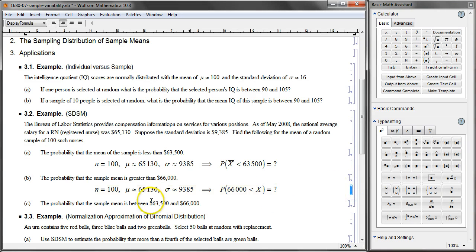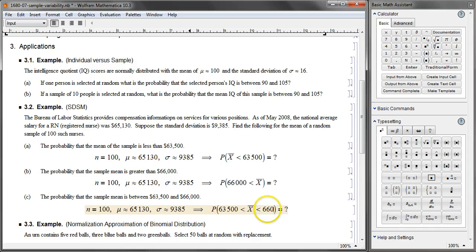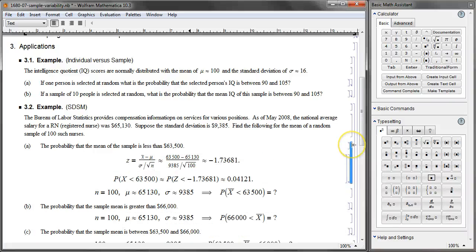And the third problem is somewhere in between 63,500 and 66,000, in between those two.